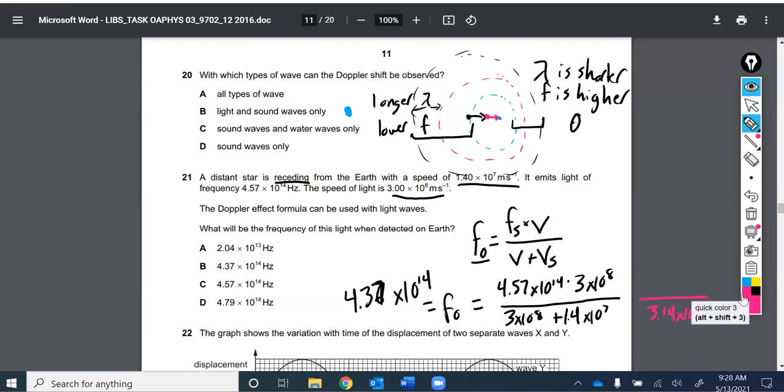Adding that. So 3 by 10 to the 8 times 4.57 by 10 to the 14 divided by 3.14 by 10 to the 8. 4.36, yeah. So that's correct right there. And so I think choice B is the best answer.